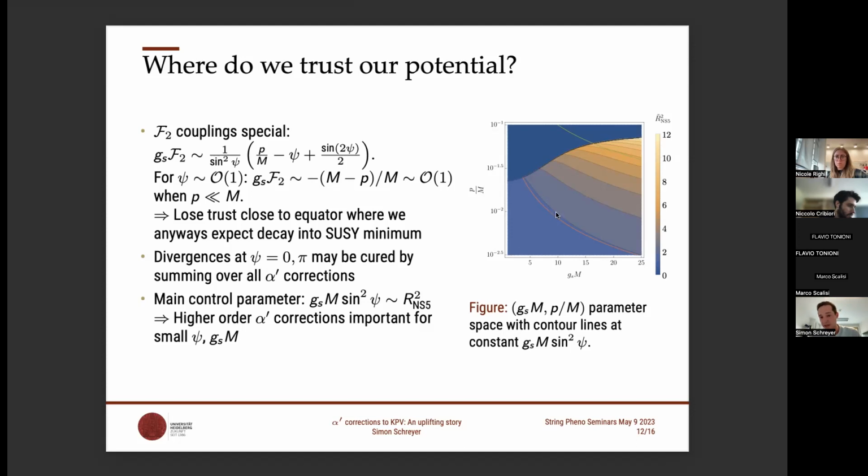The red line is the line where the energy at the minimum is at 0 value. So if we are close to that line, the quantity GS times sine squared is order 1. We actually need to include all higher order alpha prime corrections when we go close to this red line here. That means that we lose trust for smallish values of GSM and psi.